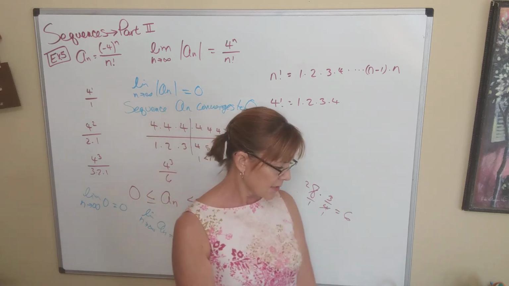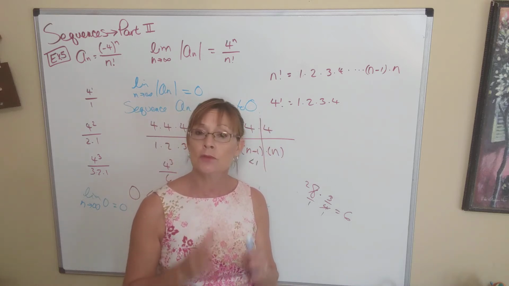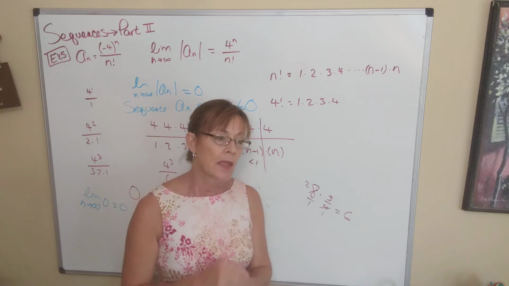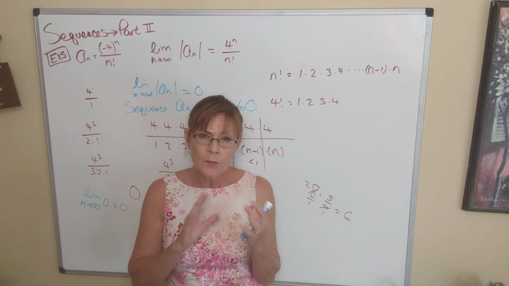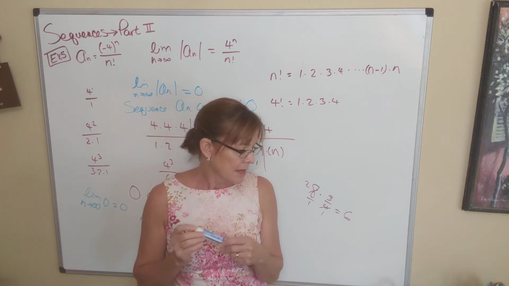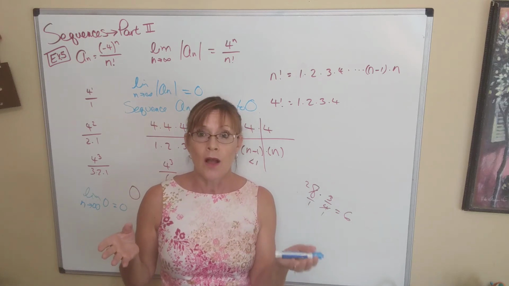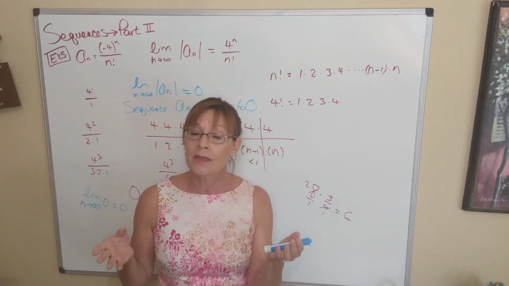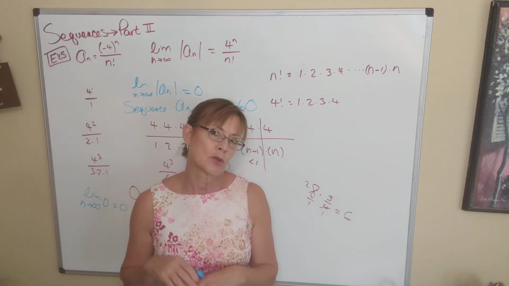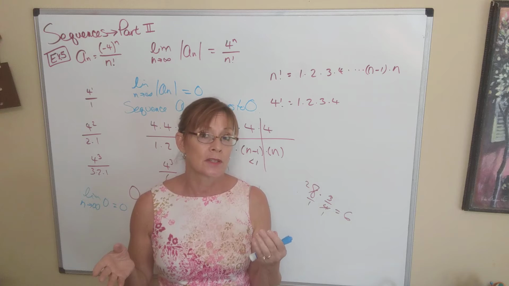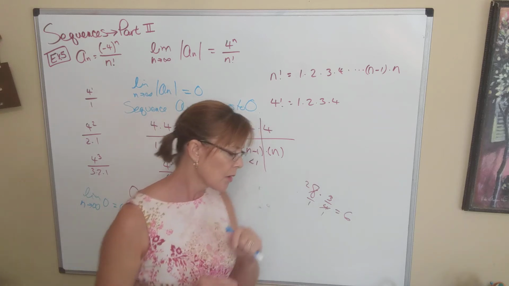It says, if you've got a sequence defined as a sub n equals r to the power n, if that value r is between -1 and 1, and even equal to 1, then this sequence will converge. If r is between -1 and 1, it will converge to 0. And if r is equal to 1, it will converge to 1. So that's what this rule says.